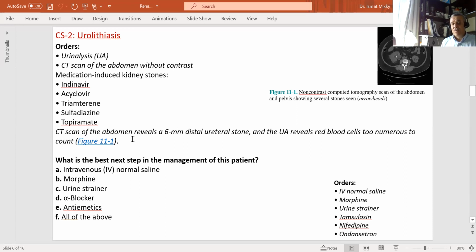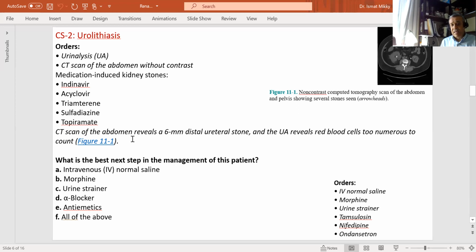Same reason, to trap and catch all the kidney stones so they can be sent off to the lab for analysis and to know the composition of the kidney stone for better treatment and guidance in terms of dietary recommendations.